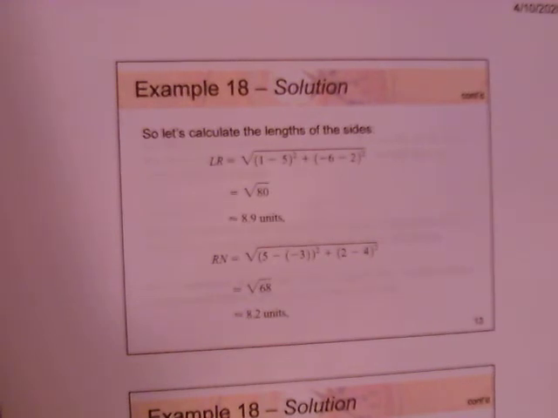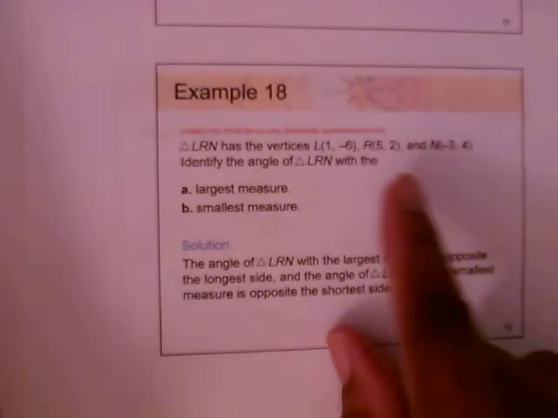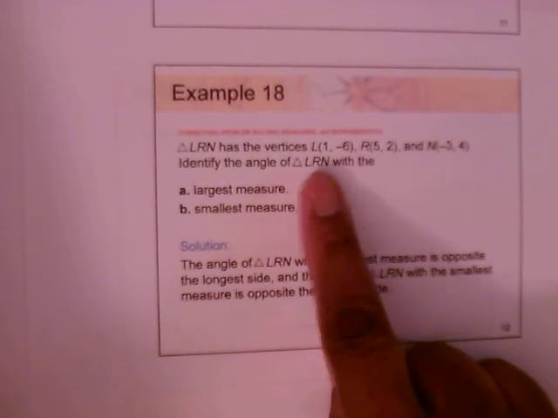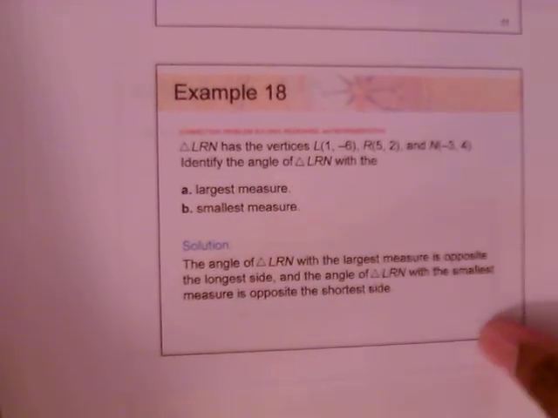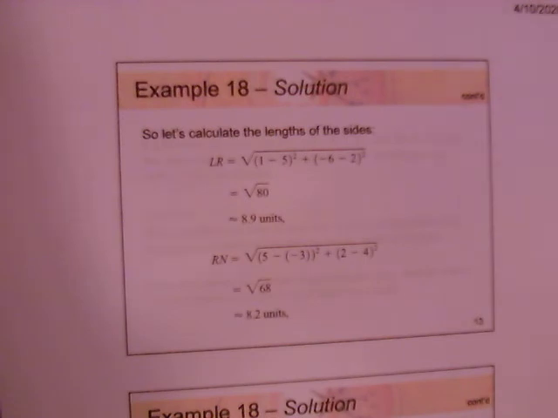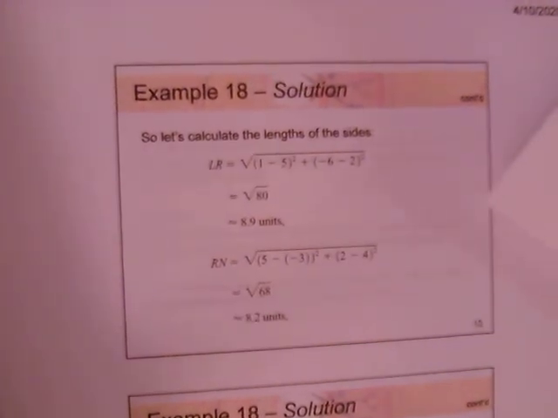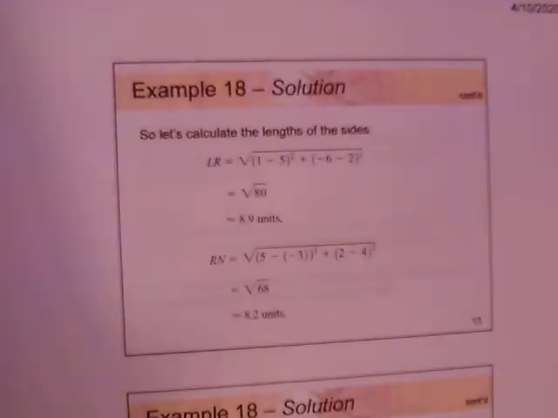x2 minus x1. Now here, x2 minus x1 is 5 minus 1 quantity, or 1 minus 5 quantity squared, either way, and then plus y2 minus y1. Now here they did negative 6 minus 2, and that's squared.